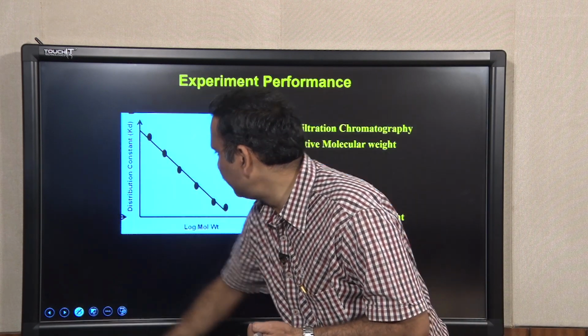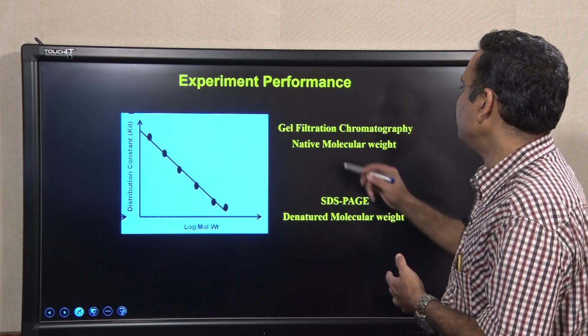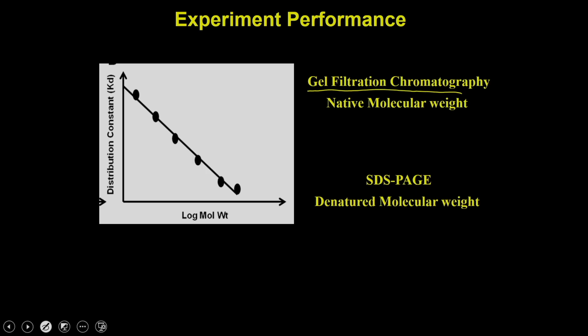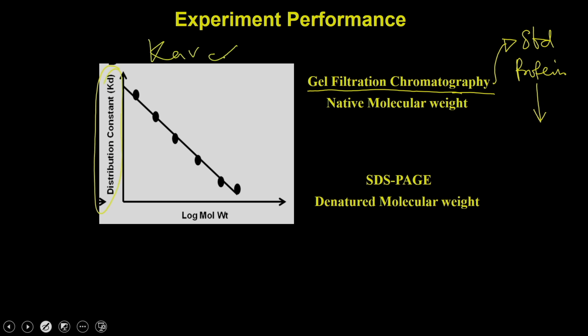To perform these experiments, what you are supposed to do is gel filtration chromatography, where you first run the standard proteins to draw a calibration curve, which means you have to determine the relationship between Kav versus log molecular weight.